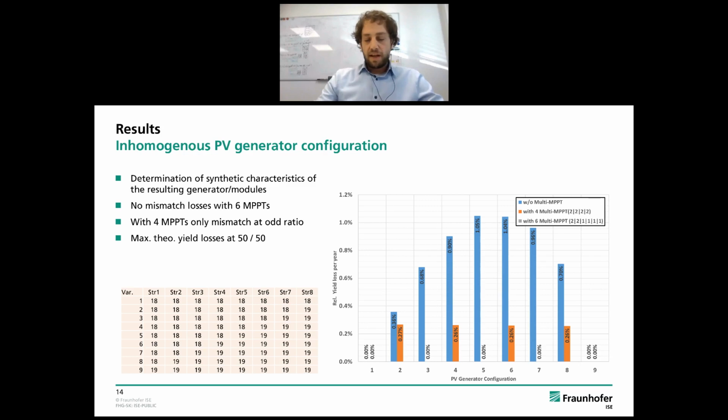And we then calculated the yield gain that could be achieved with multi-MPPT inverters. On the bar diagram on the right, you see that in the worst case, when half of the strings have 18 modules and the other half have 19 modules, that gives you the maximum losses, and over 1 year the yield gain with multi-MPPT is 1%.